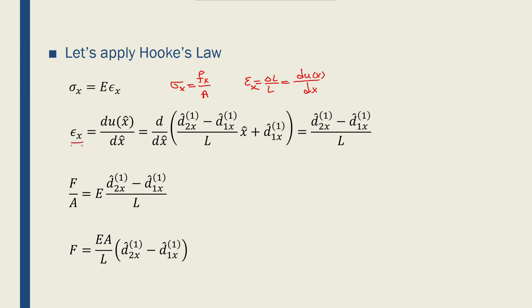So here we define epsilon as the gradient of ux over x, and we had the equation for the displacement function from before, which is written here.